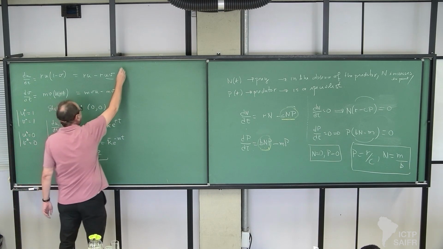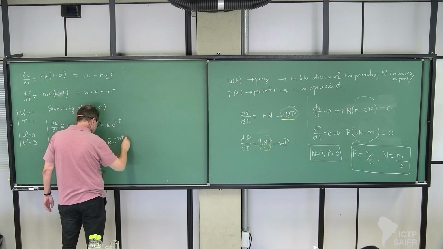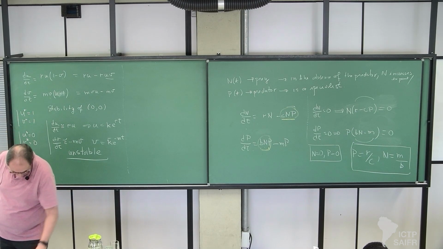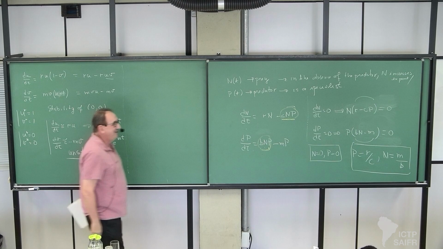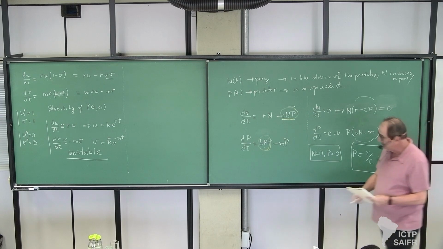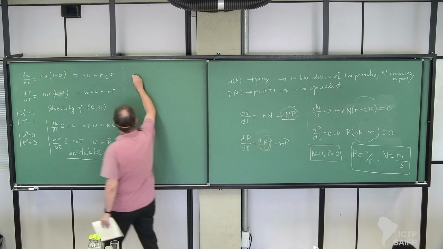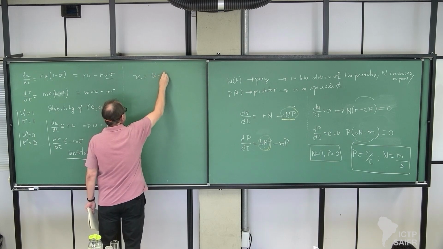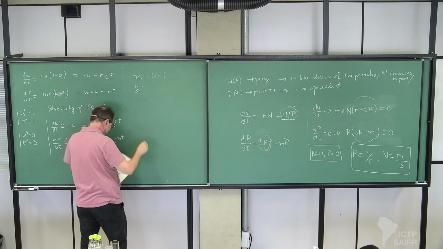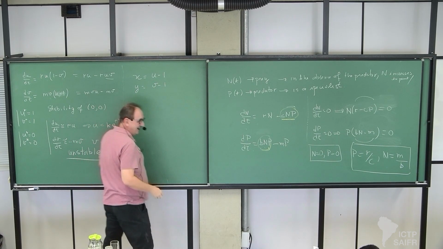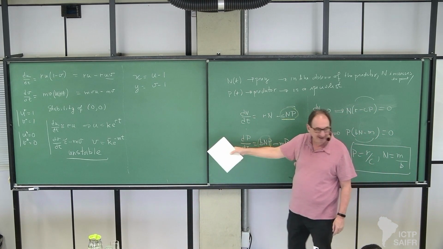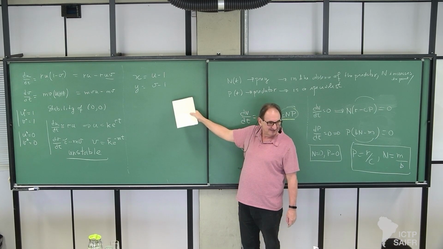So now we want our other fixed point. This one. Well, again, new variables in order to do this easily. So I will define a variable which I will call x, which is u minus 1, and a variable y, which is v minus 1. And in these variables, the fixed point 1, 1 will be 0, 0 for x and y.